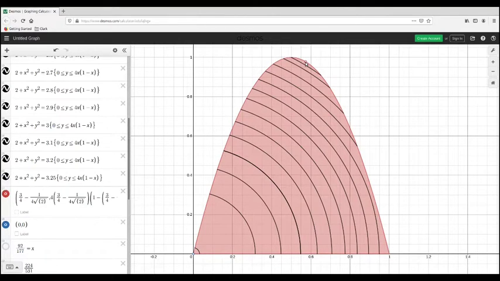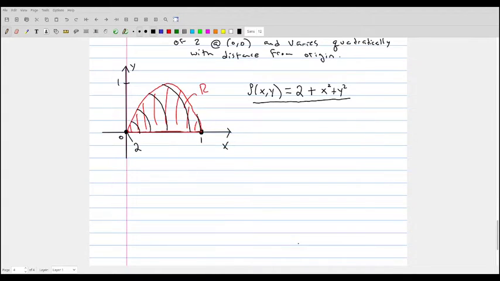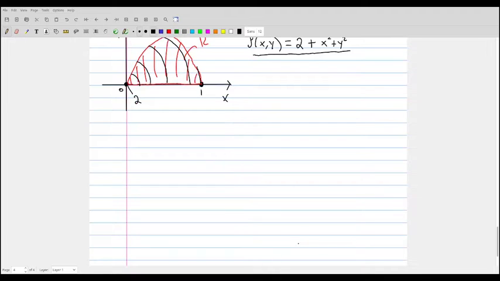So the idea is we want to figure out, using our double integral formula, how to get the total mass contained in this region. To do this, we need to set up a double integral.